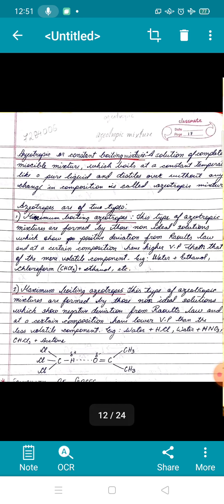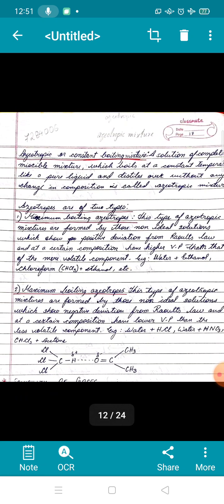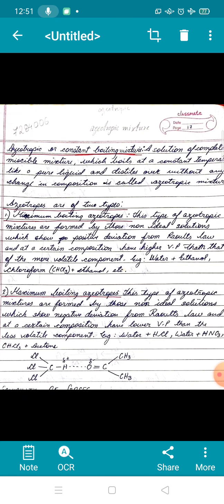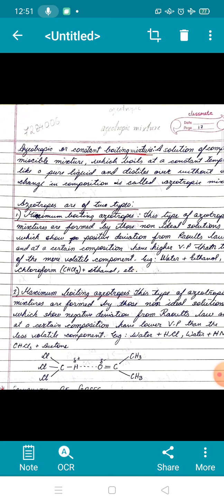We can separate them by a process called fractional distillation. And what happens in fractional distillation? If I am heating a mixture of liquids, the liquid which has the lower boiling point will start distilling off first.